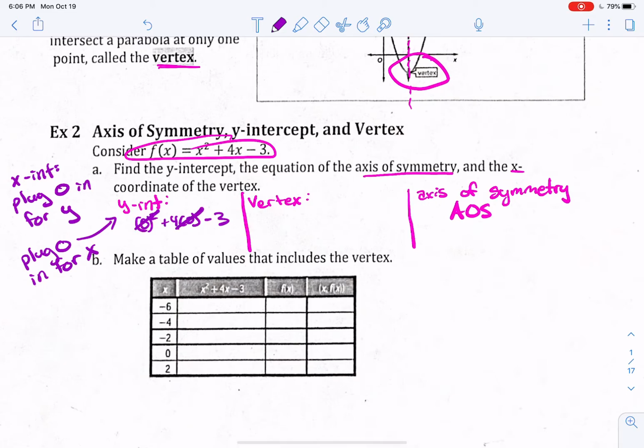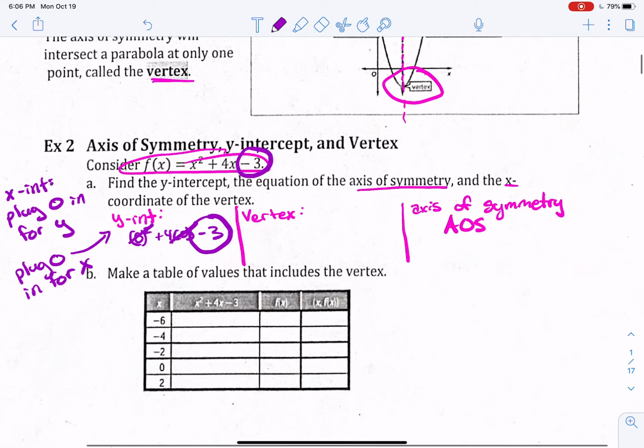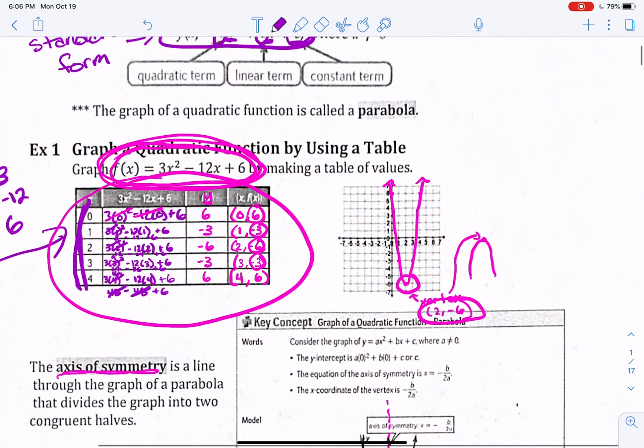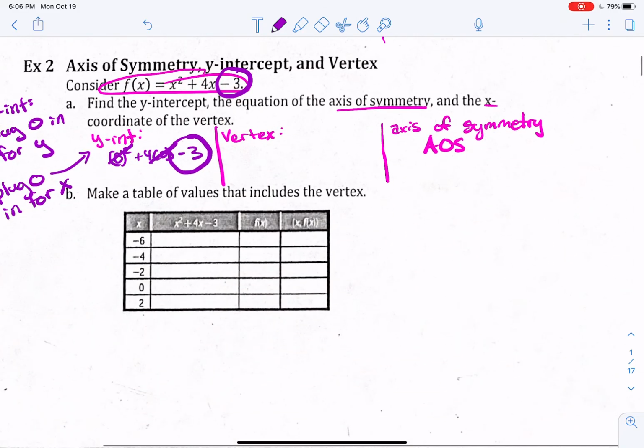And what you'll notice is that anything that is attached to the 0 is going to go away. So my y-intercept just literally ends up being that -3 value, okay? That will always be the case with every single function that I have. The y-intercept will always be that last value here. If we go back up to the one that we just did, if I cancel out these 2 pieces, the +6 was my y-intercept. So that's just kind of always the way that it will work, okay?